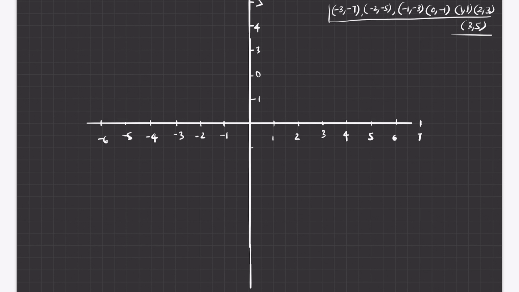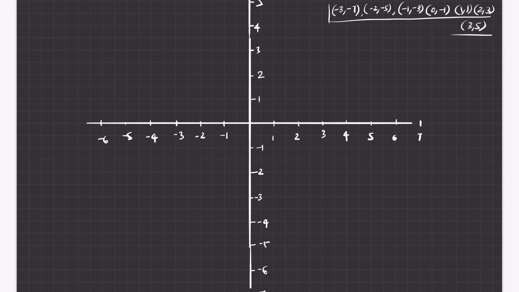So in the bottom part we have negative 1, negative 2, negative 3, negative 4, negative 5, negative 6, and then negative 7.